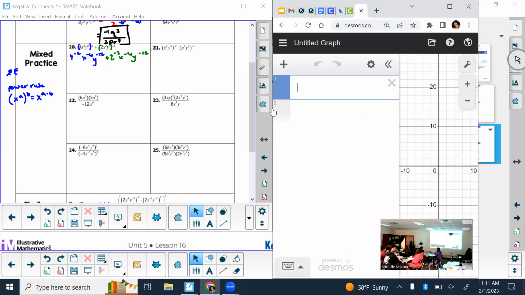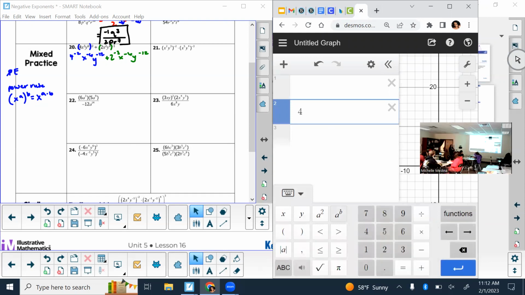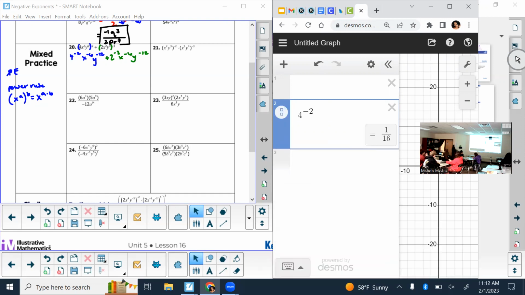All right, so 4 to the -2 power is that decimal, which we can click this button and it'll give us a fraction. So 1/16. And then I'll just write it as a coefficient.